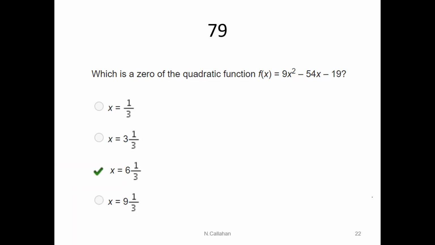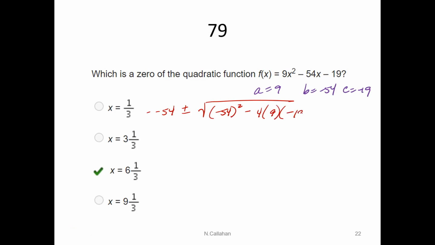So what this is asking you to do is plug this into the quadratic formula. A is 9, B is negative 54, C is negative 19. When you plug into the formula, it's negative B plus or minus the square root of B squared minus 4AC, all the way over 2A. So this one, you're going to require a little bit of work on your part.